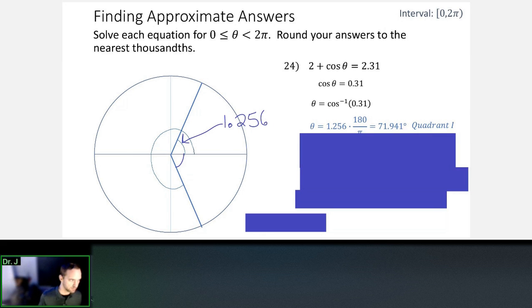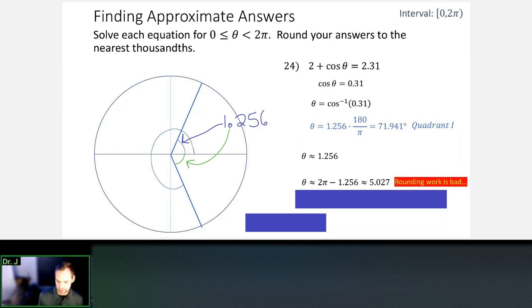I'll use green. This right here is also the same. So in other words, we want to find a full rotation minus that little piece. And a full rotation is 2 pi. So that's why it's 2 pi minus 1.256.